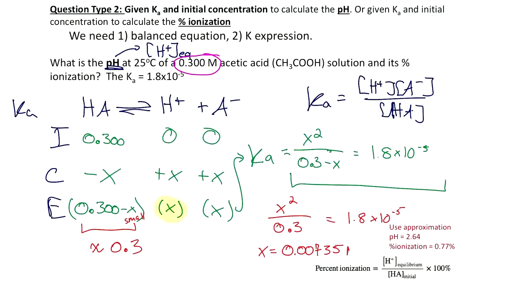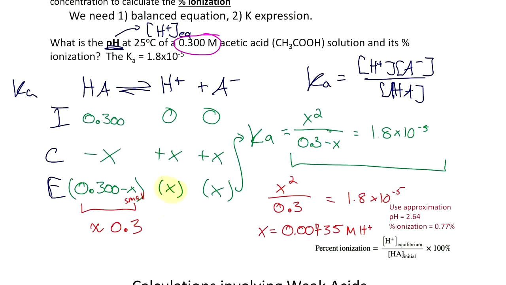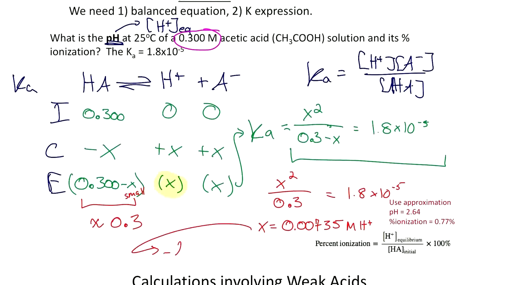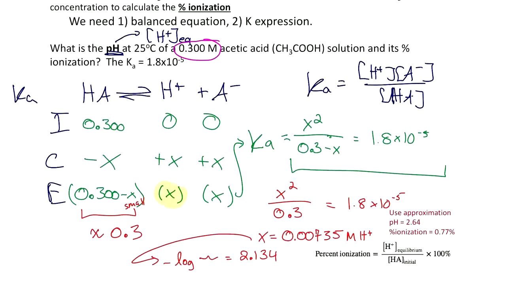So this is my concentration of H plus, and to get pH, I take the negative log of that number, and I get 2.13, 3 sig figs, so 3.4 probably. Oh wait, why is my pH weird? My concentration's not right?